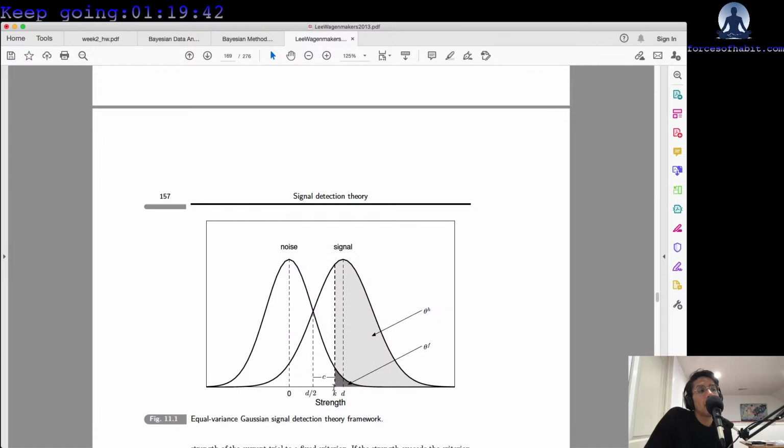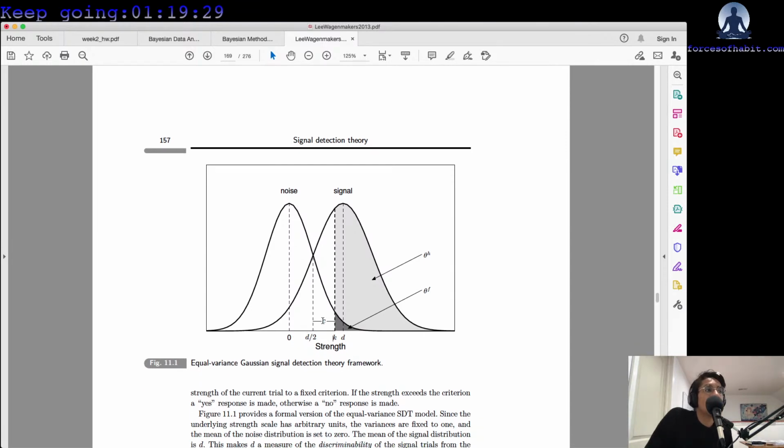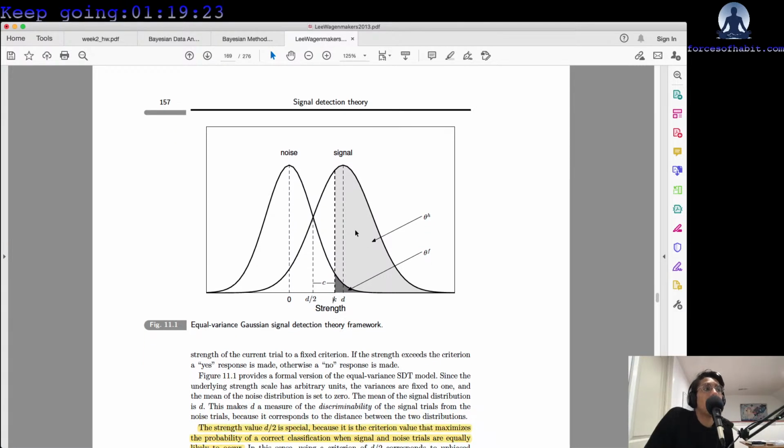And the difference between the K, the actual criterion for choice, and the balanced one, is a bias term, so C. And from K, we also can derive the proportion or probability of a hit and the probability of a false alarm, represented by the tail of the distribution for noise and the cumulative distribution or area underneath the curve for values above and at K in the signal distribution.